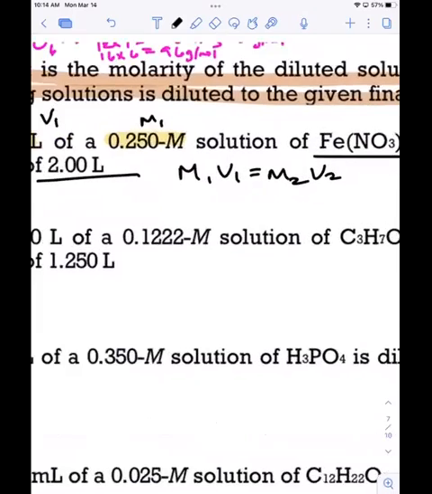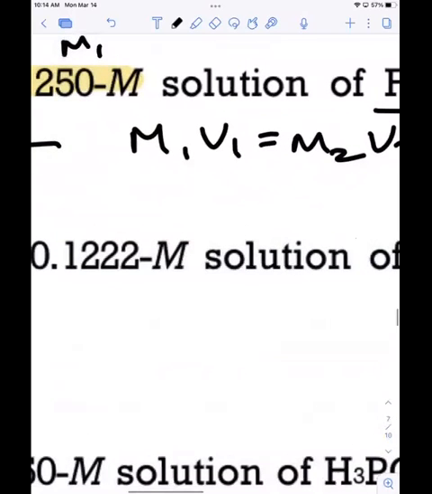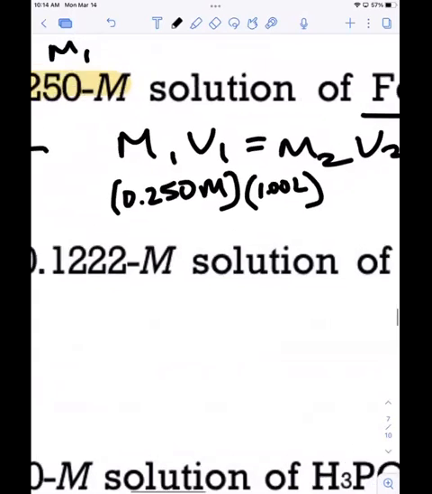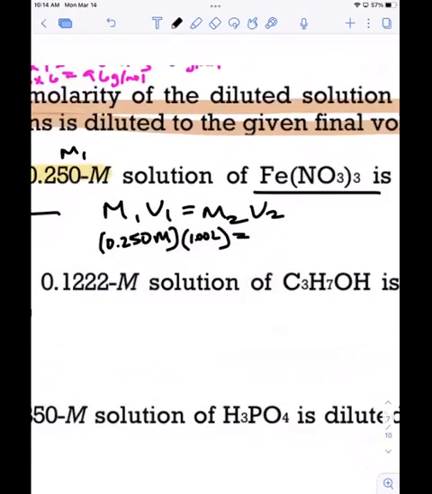All right, so M1 is 0.250 molar. V1 is 1 liter. So let's put those numbers in. 0.250 molar, we'll keep that. V1 is 1 liter. And then we're going to set this equal to M2, which we don't know, right?